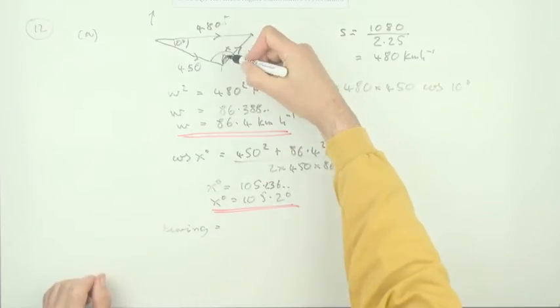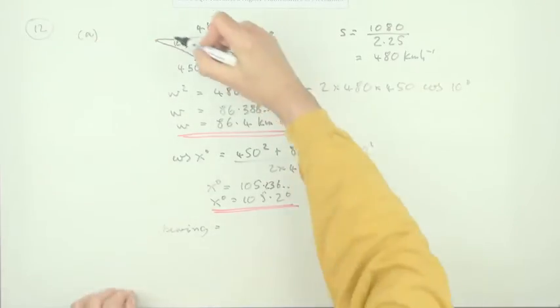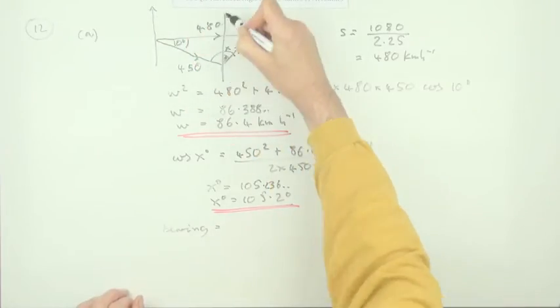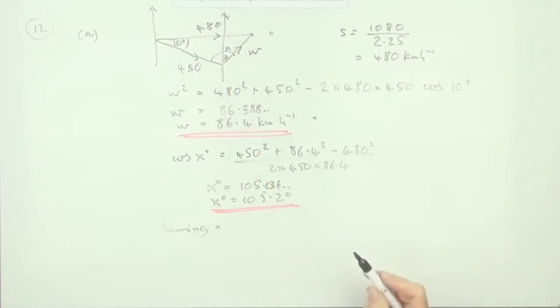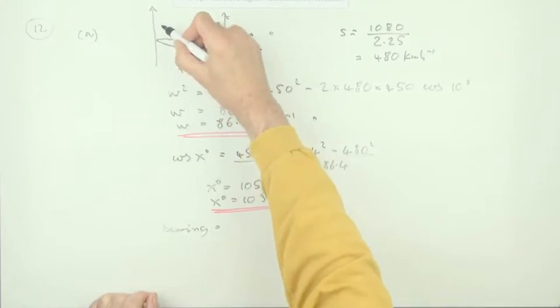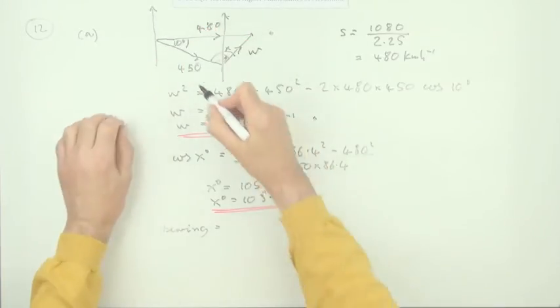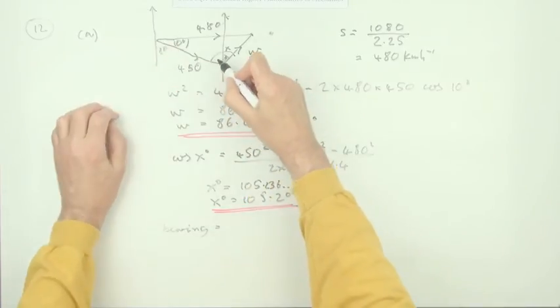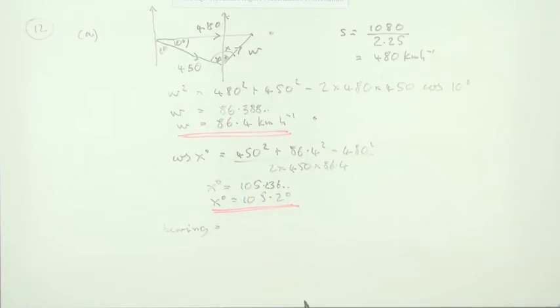So the way you would be doing that would be by introducing the norths to create parallel line angles, so that you know, for instance, that if that was 100 degrees, that part's 80. And if that part's 80 by alternate angles, that portion is 80.